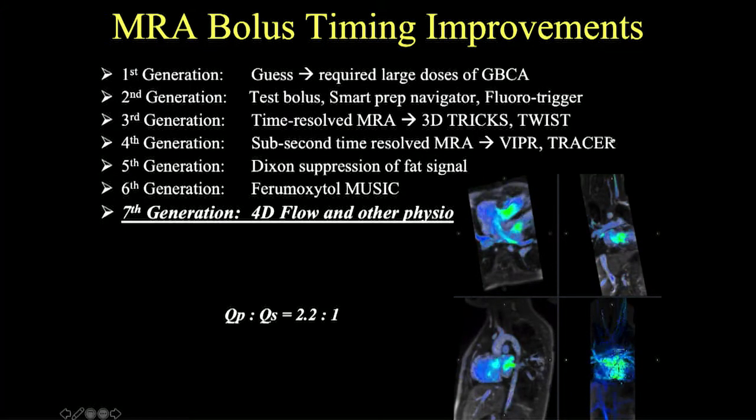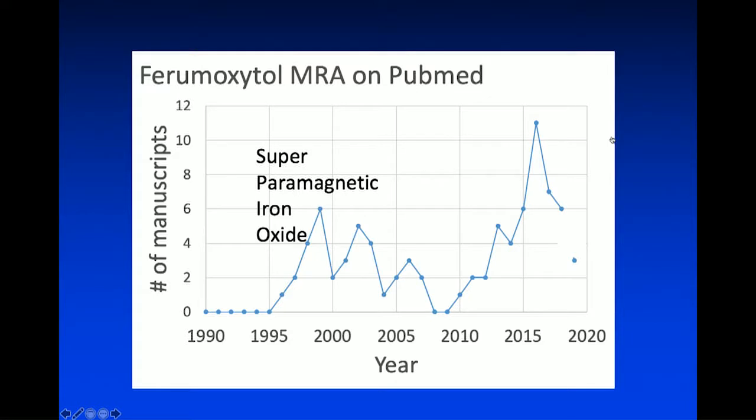And we've heard other people mention ferumoxytol as an iron oxide agent, and it's been around quite a while. In fact, as I was looking at the papers on this, I was amazed at how many people have published articles using ferumoxytol for MRA back in the late 90s, referring to it as superparamagnetic iron oxide. And then the actual ferumoxytol that we're using today came out around 2000, and you could see how many papers there are published in PubMed using this iron oxide for MRA.